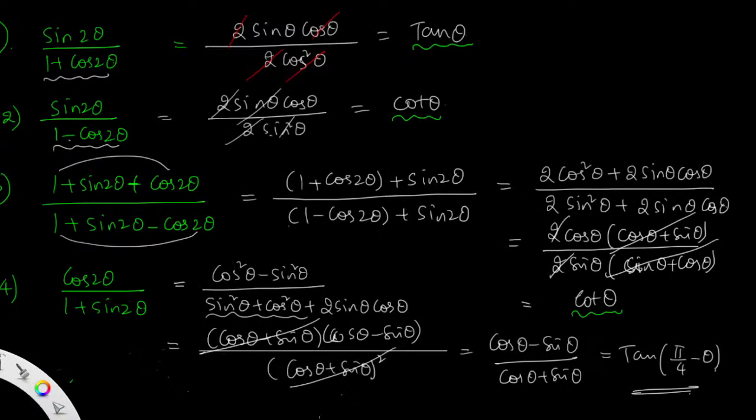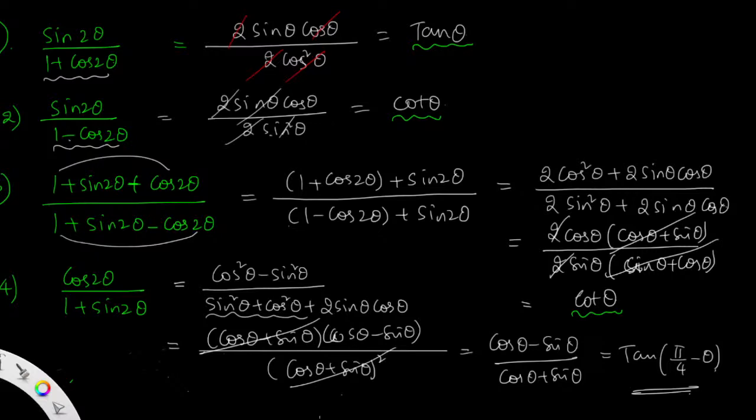Question number 5, that is the same method: cos theta by 1 plus sin theta. Same thing, same process. Whereas cos 2 theta we can write as cos square theta minus sin square theta.